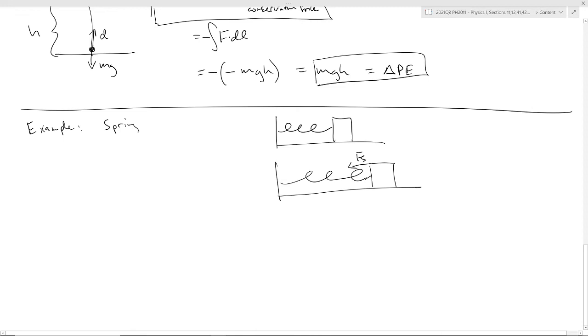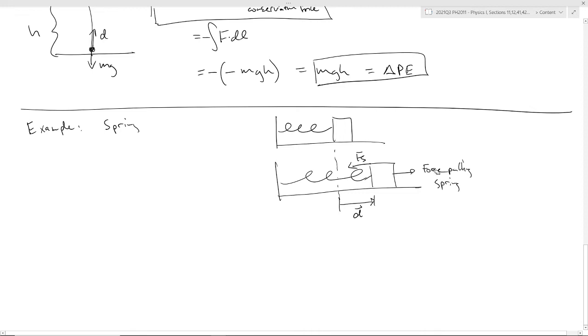We've stretched it in this cartoon from here to here, so that's our displacement vector. This is going to do negative work because the spring force is a restoring force. It's going to be pushing back in the opposite direction of the force that would be stretching the spring. Let's call it the force that's pulling the spring.